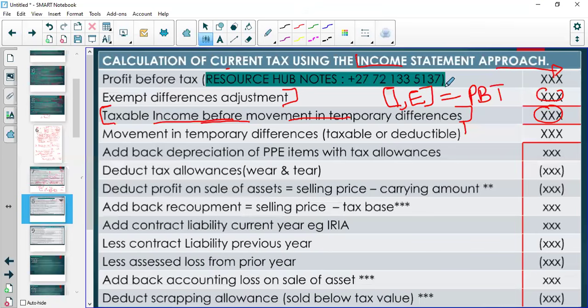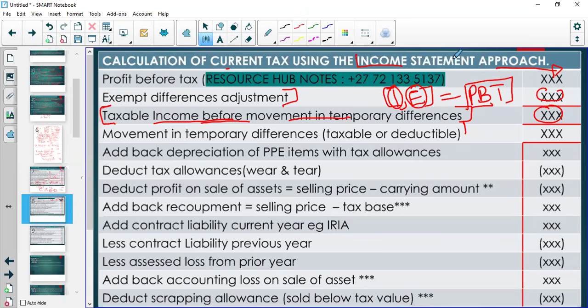So we have income, dividends, interest, whatever it is, all income that was included, all expenses that were included. And now we say these were included from the perspective of SARS, no, my apologies, these were included from the perspective of accounting standards. So according to accounting standards, that is indeed correct.